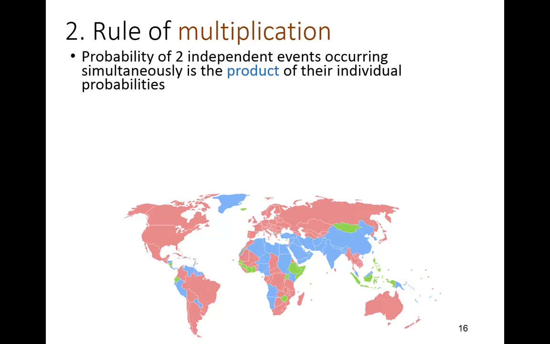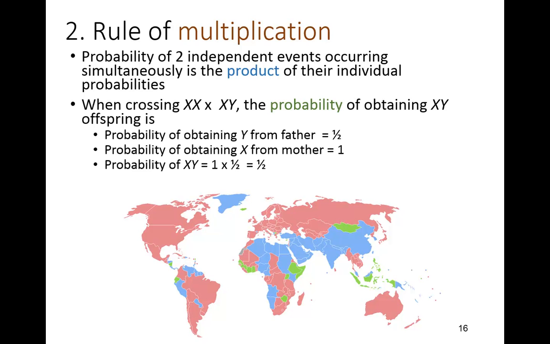The rule of multiplication is the probability of two independent events occurring at the same time. It's going to be the product, or the multiplication, of their probabilities. An example of this is if you have males and females. Females have two X chromosomes. Males have an X and a Y. If a male and a female are producing offspring, what is the probability that you will have an XY offspring?